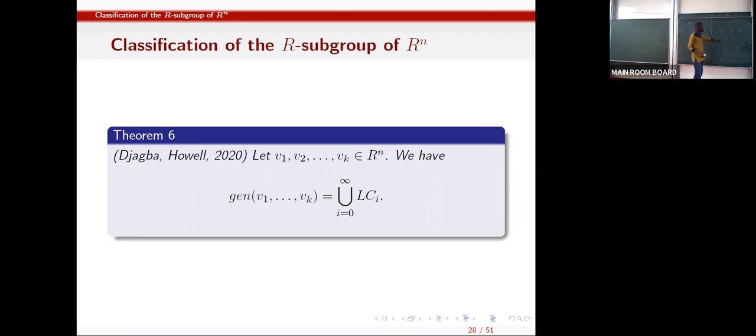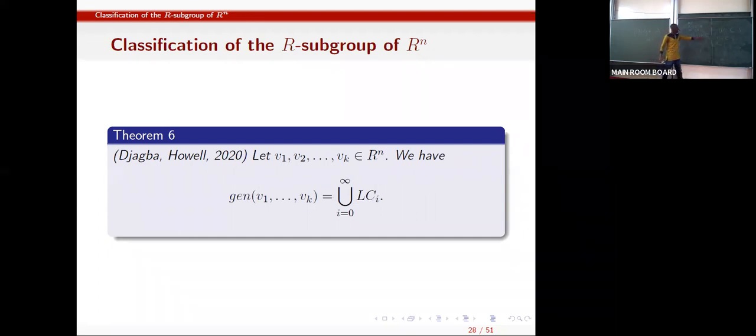If we take 0, we know that L_C^0 contains V1 up to Vk, which is already a subset of X. So we assume that L_C^n is a subset of X, and then we want to show that L_C^(n+1) is also a subset of X. If we take an element in L_C^(n+1), it can be presented as this.